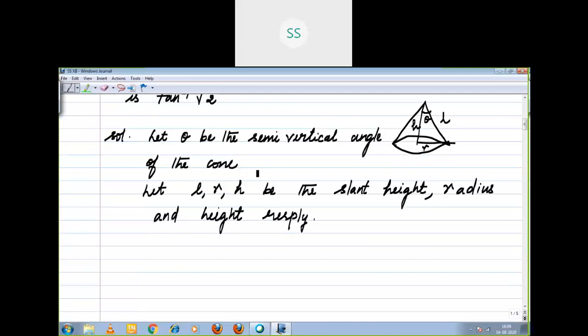Here theta belongs to the first quadrant only, so theta belongs to (0, pi by 2).